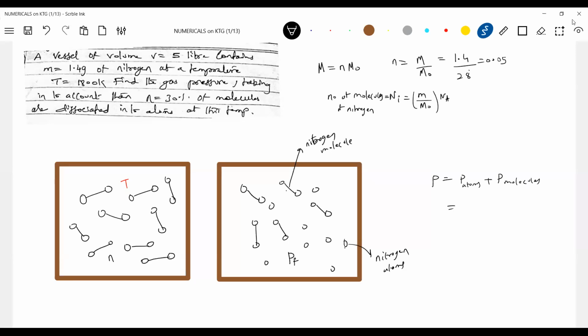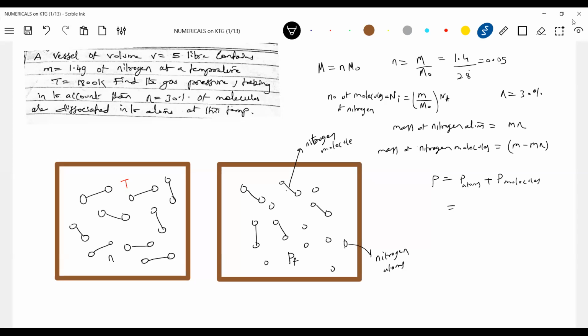Next, the number of nitrogen atoms: eta is 30%. The mass of nitrogen atoms is M into eta, and the mass of the remaining nitrogen molecules is M minus M eta.